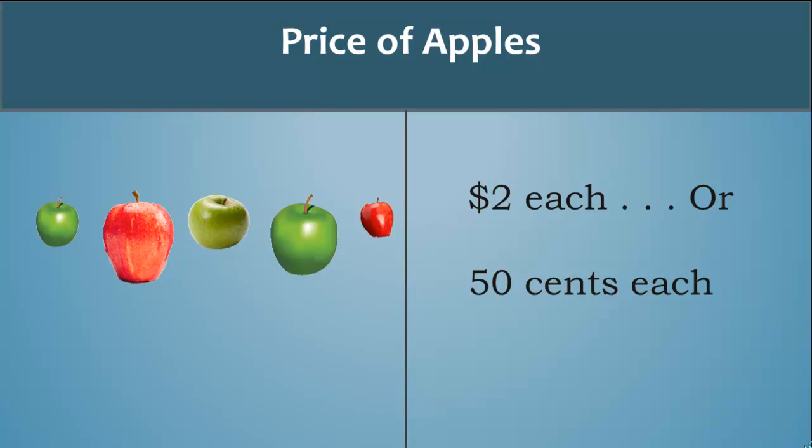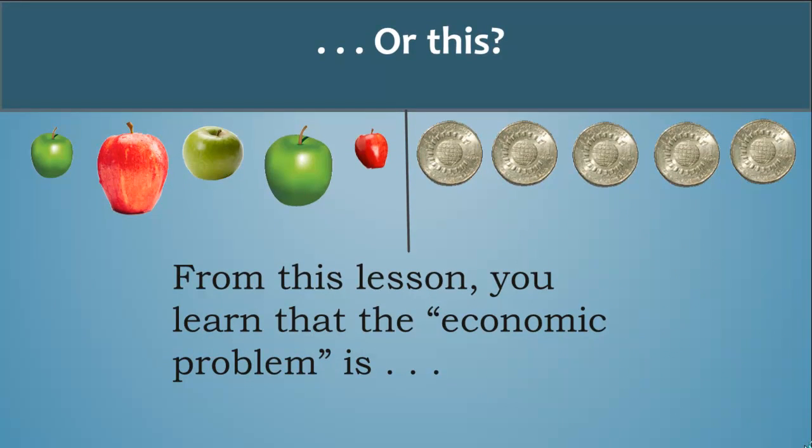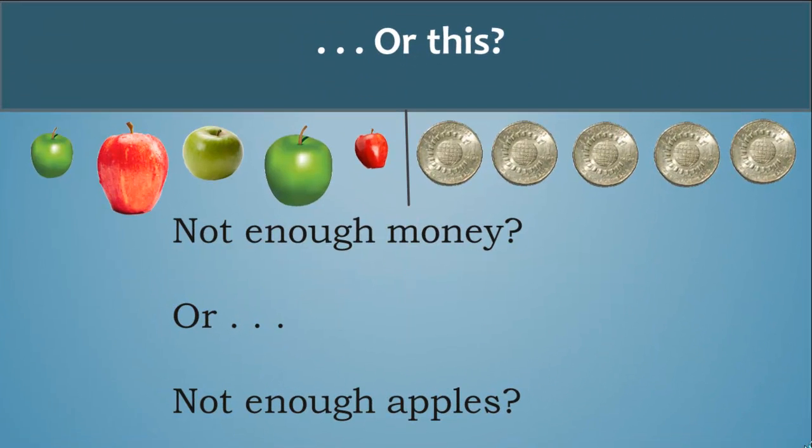You've seen how the price can change depending on the changes between the supply and the demand for apples. And so in this lesson you learn that the economic problem is one of supply and demand of scarce resources, in this case apples. Now, is our economic problem not enough money, or was it not enough apples?